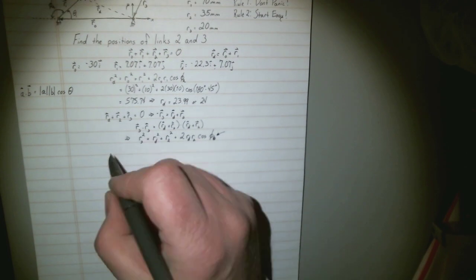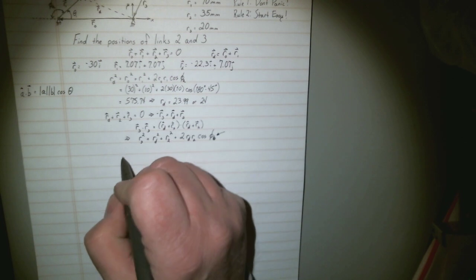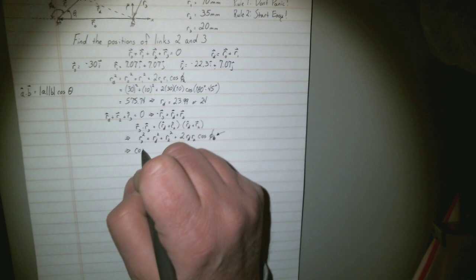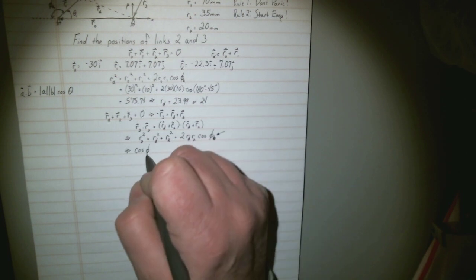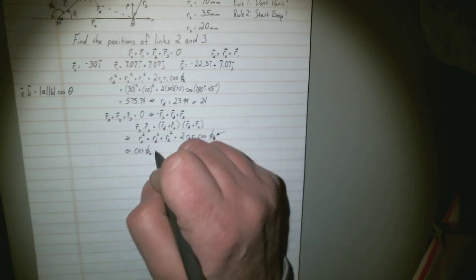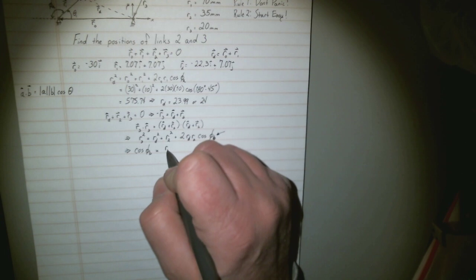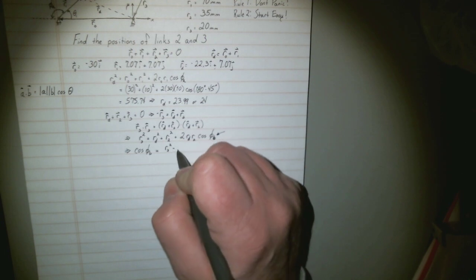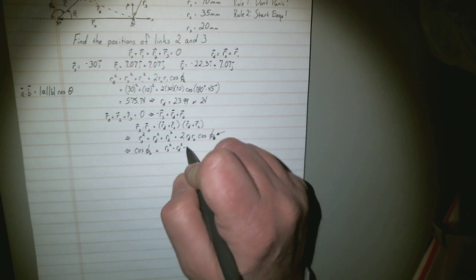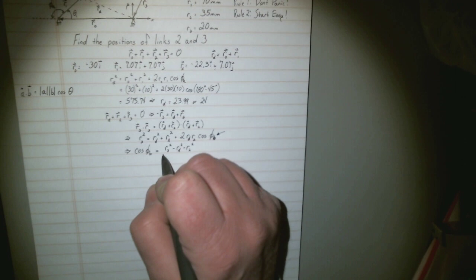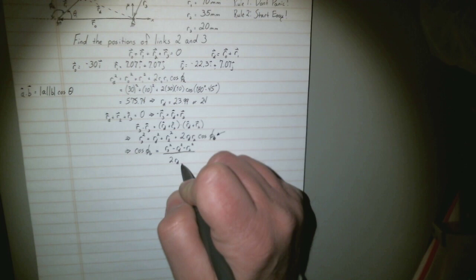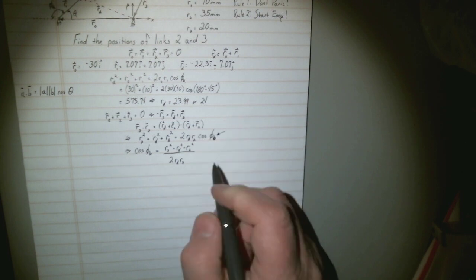So, manipulating that equation, what I find is that cosine of phi sub B, which I'm solving for, is equal to R sub 3 squared minus R sub D squared minus R sub 2 squared, divided by 2 R sub D R sub 2.